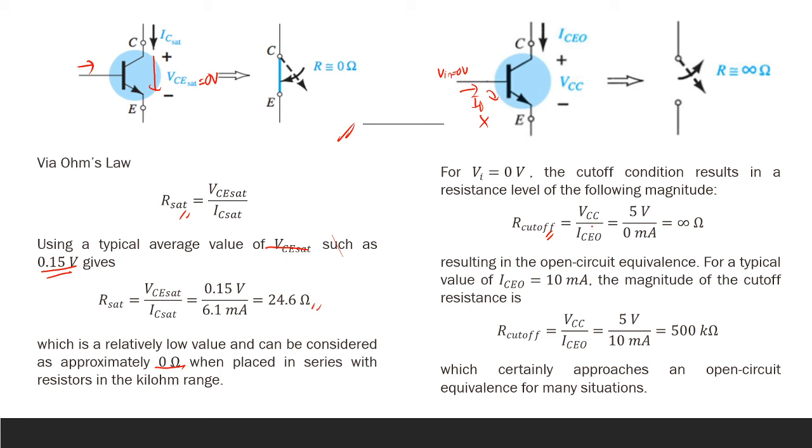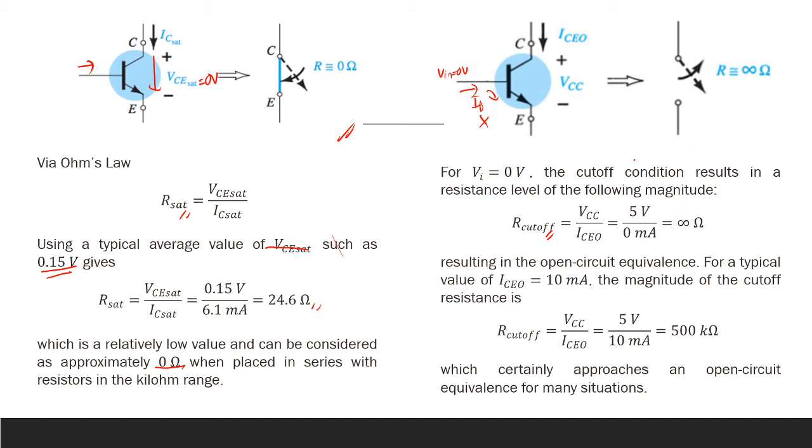So, using Ohm's law, that's VCE over ICEO, meaning, collector voltage kapag naka-open yung emitter, ang collector to emitter junction mo, open siya. So kung open yan, it is 0 milliamperes yan. And 5 volts VCC mo divided by 0, that is infinity.